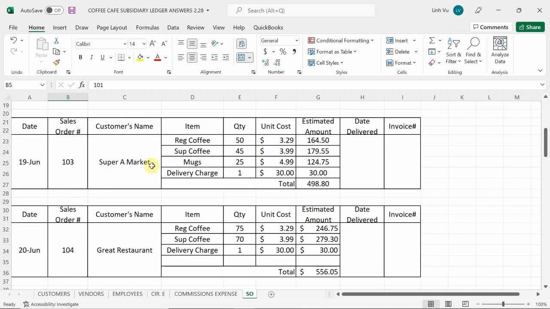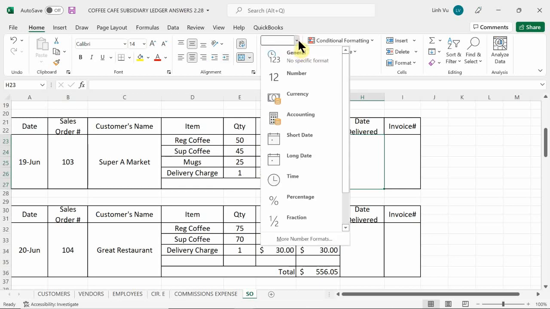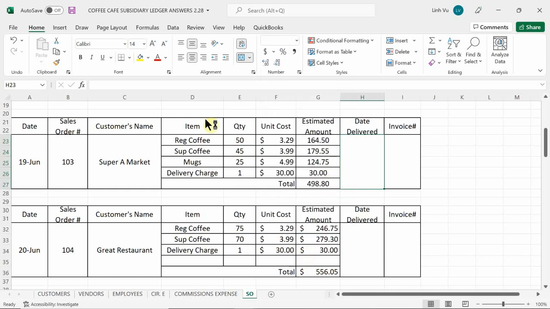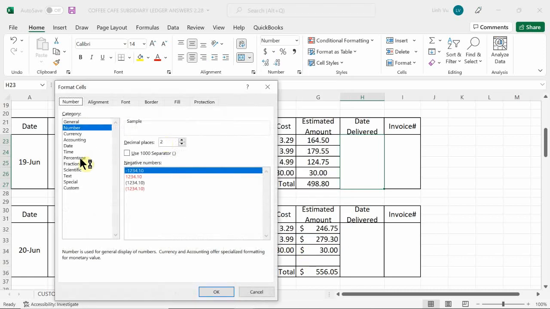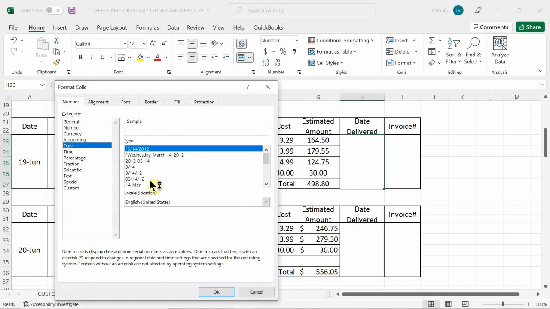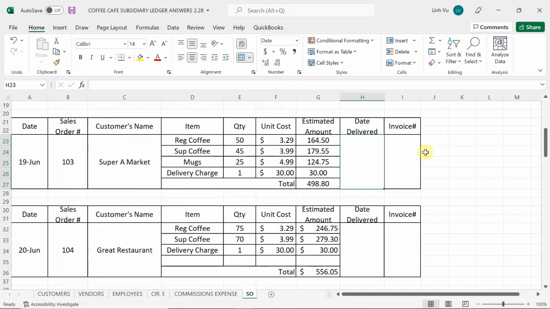Here you go, Super A Market, we just delivered to them. What day did I deliver to Super A Market? Today is the 21st.